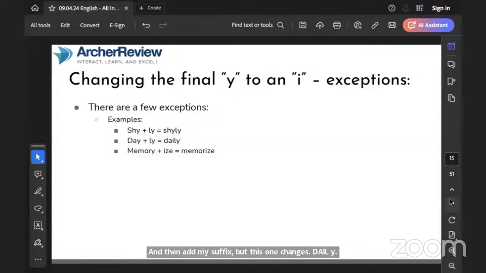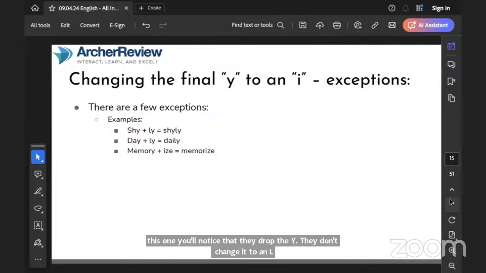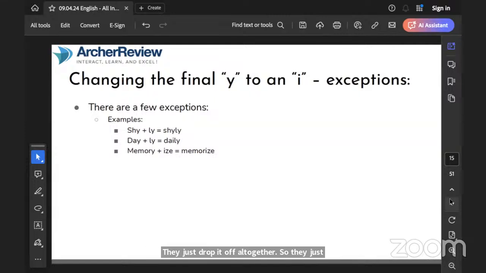Memorize, memory. It has the Y, has the consonant R in front of it, but my suffix starts with an I. So I shouldn't just drop the Y and change it to an I. But with this one, you'll notice that they drop the Y, they don't change it to an I, they just drop it off altogether. So they just add the IZE onto the end of it.